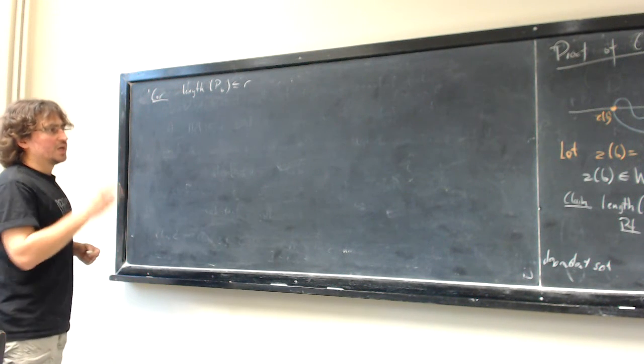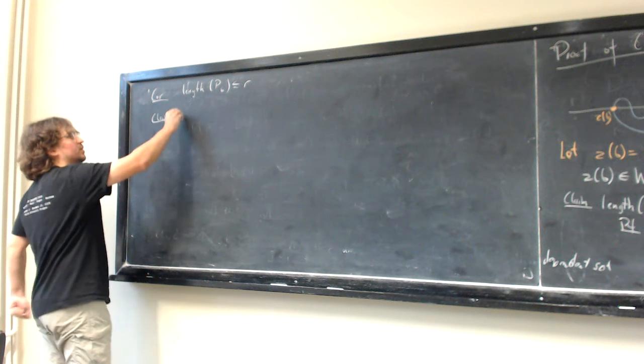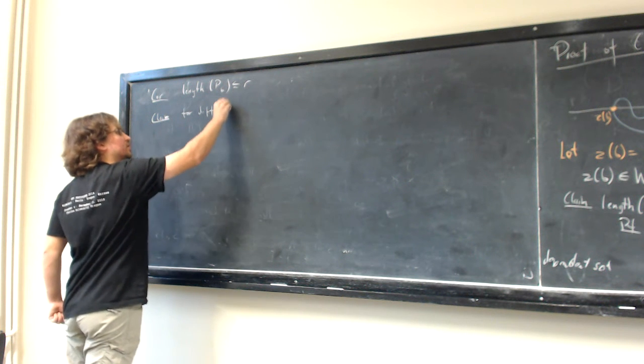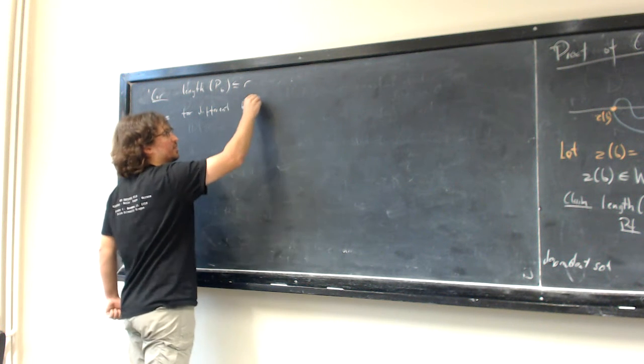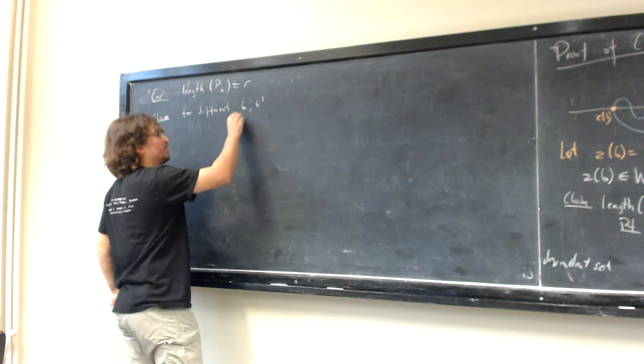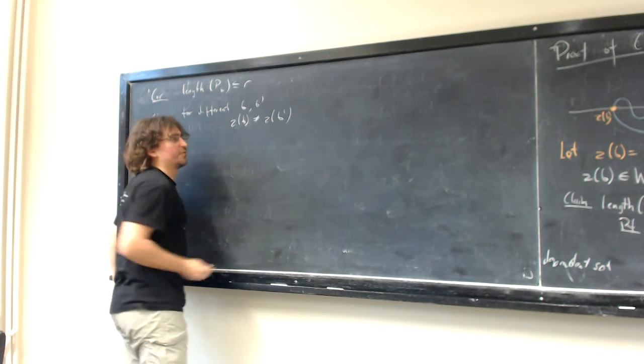Good. Okay, now the next claim is that for different B, let's say B and B prime, looking like that, these vertices Z of B are different.